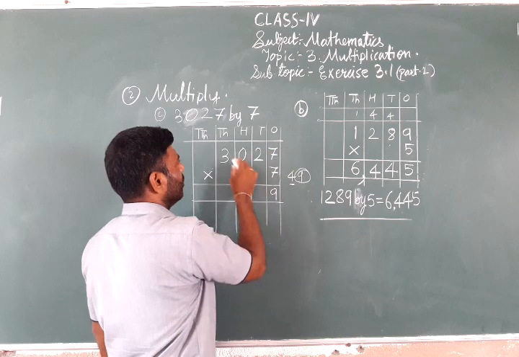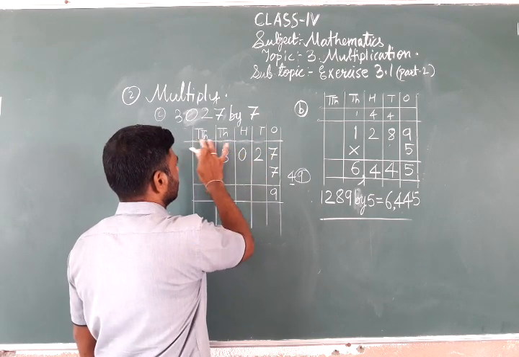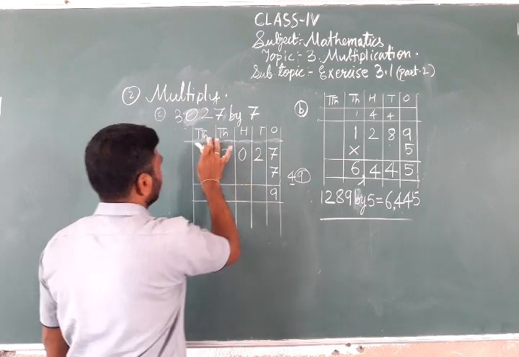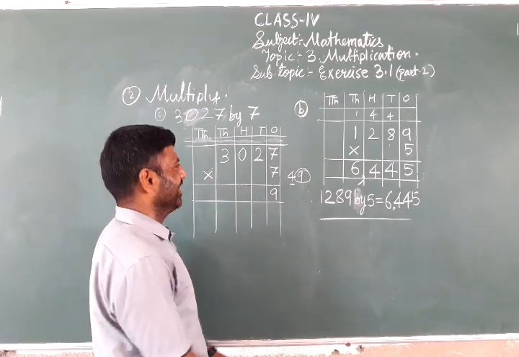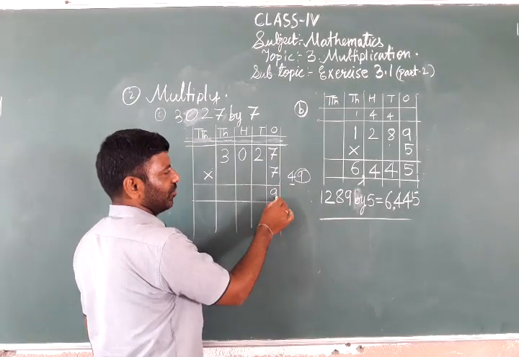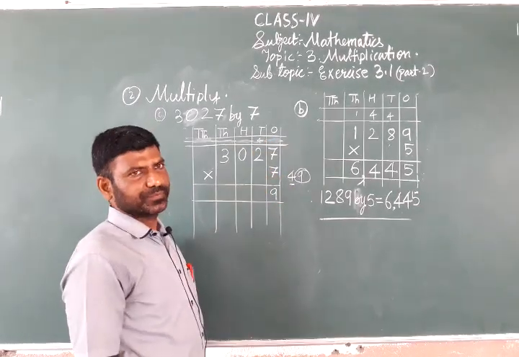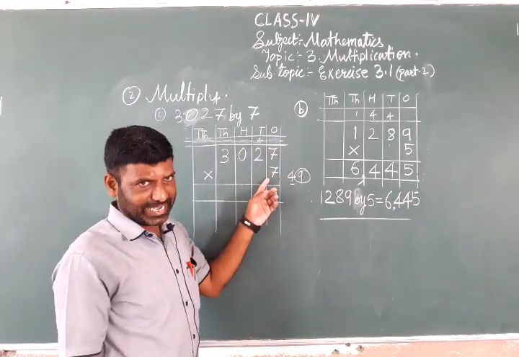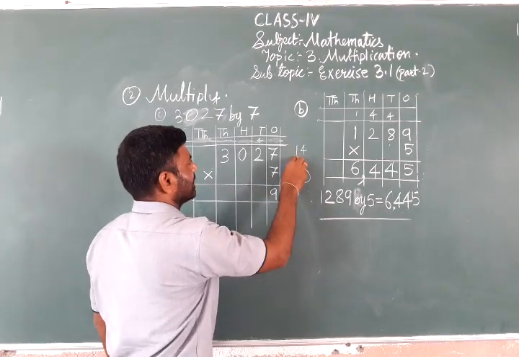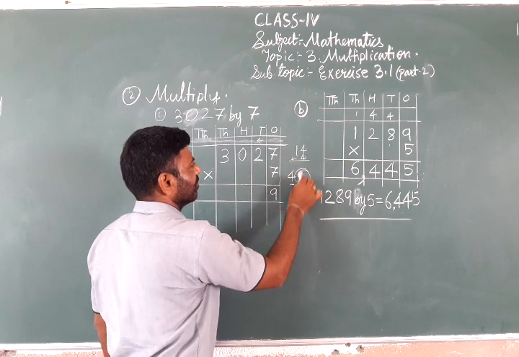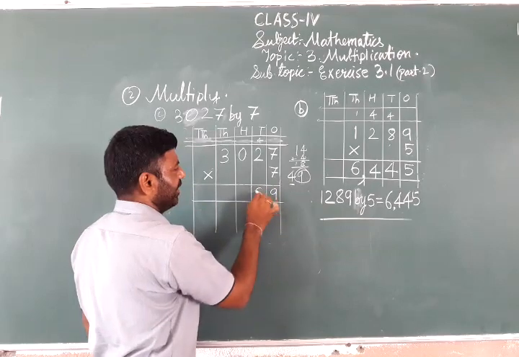Carry 4. Oh, I forgot to leave a space for the carry. Right. 7 7s are 49. 9 here. Carry 4. 7 2s or 2 7s are 14. 14 plus 4, 18. 8 here.